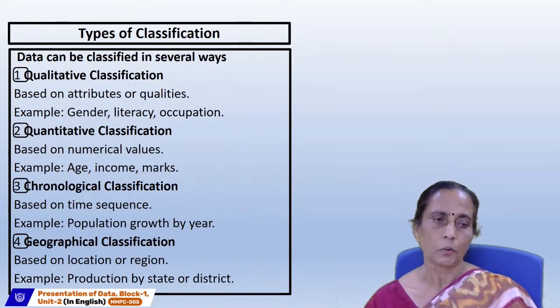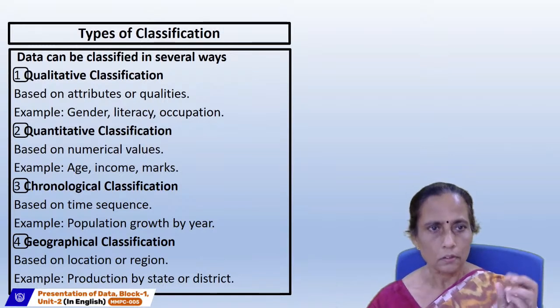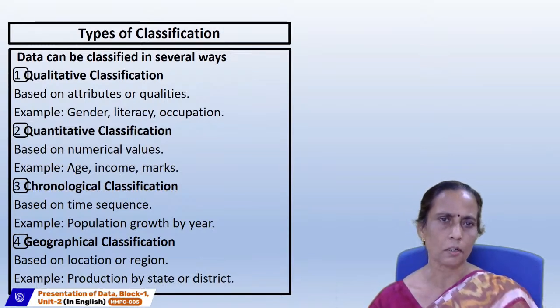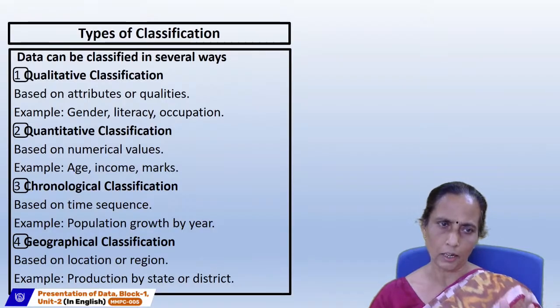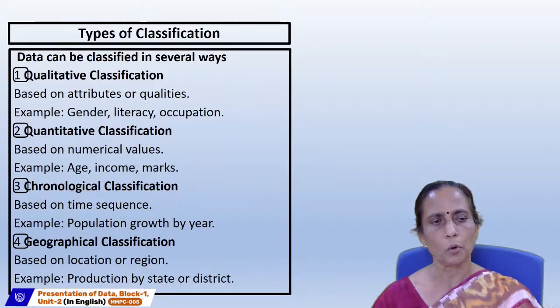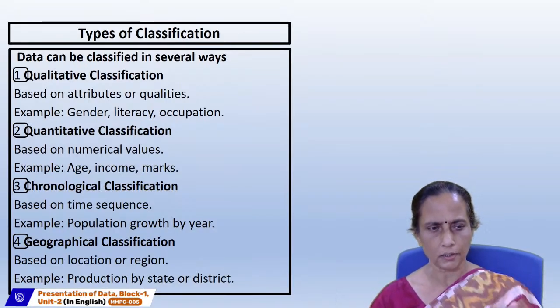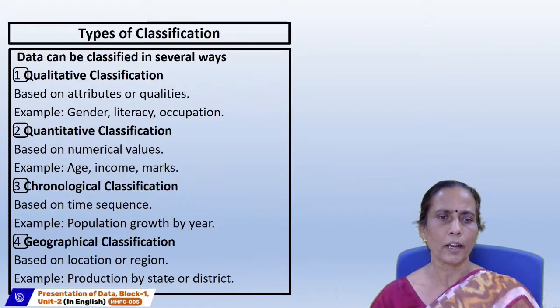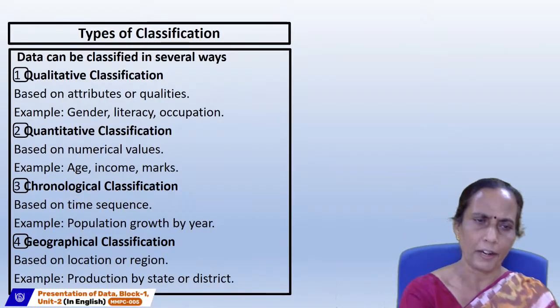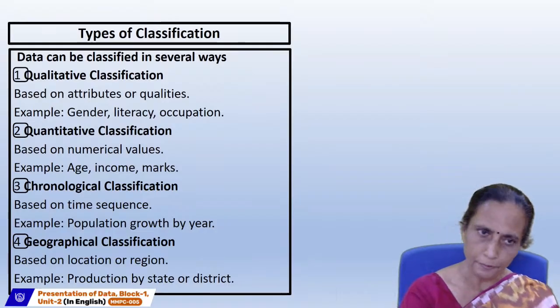So basically, there are several categories of classification. You may take any day-to-day activity. Suppose you are a working professional maintaining certain records, then you can categorize your records into files and keep them in files.